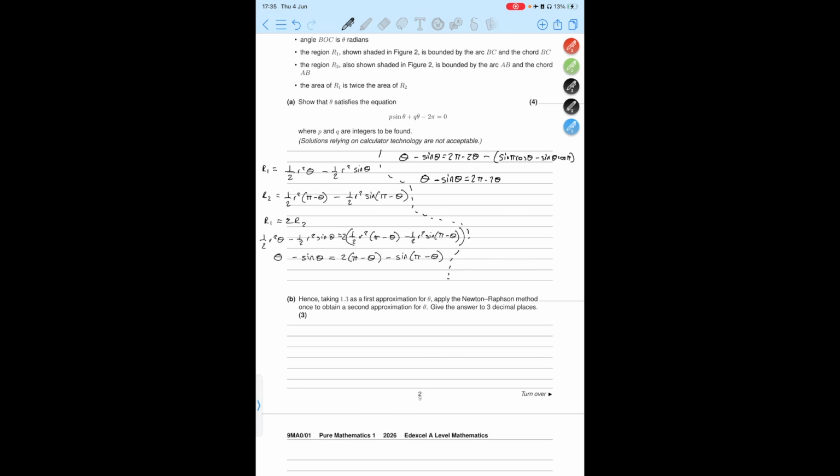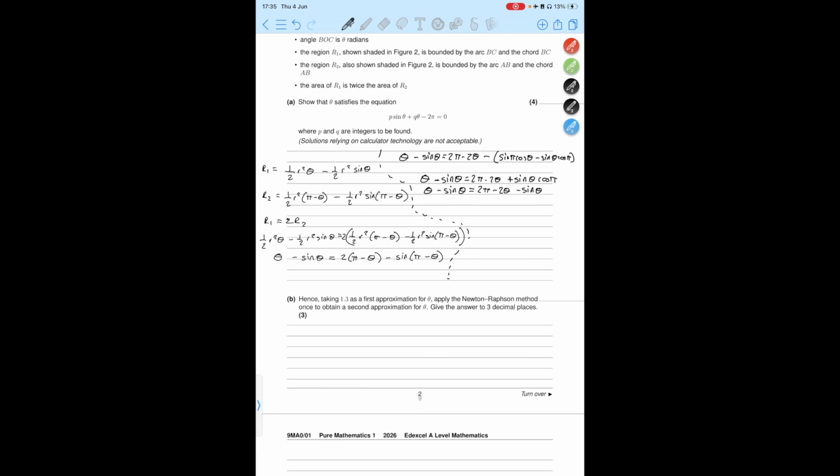So sine pi is just going to be equal to 0. So it's going to be plus sine theta cos pi. Okay? And cos pi is equal to minus 1. So you get theta minus sine theta equals 2 pi minus 2 theta minus sine theta.